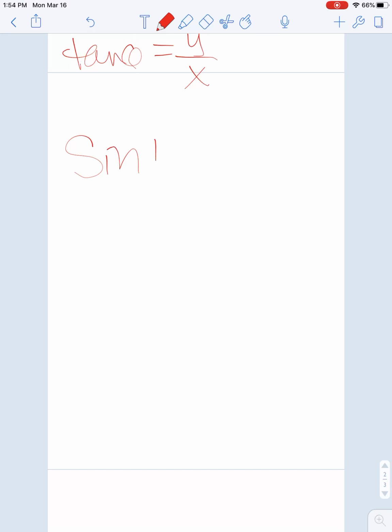If I say the sine of 180 degrees, I draw a picture. I graph it. 180 degrees is right here. There's no way I can draw a triangle. If I go out from the origin to the x-axis, I'm not drawing anything. I'm drawing a line. So I'm right here. The reason why we call it a unit circle is unit means 1.